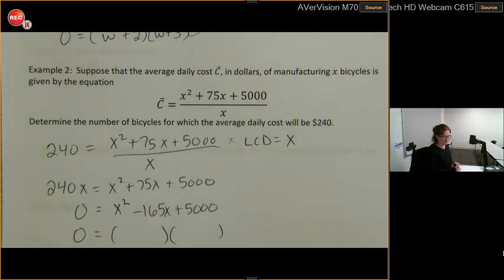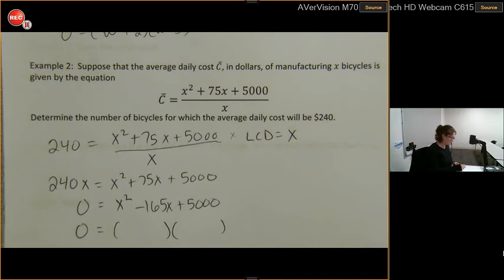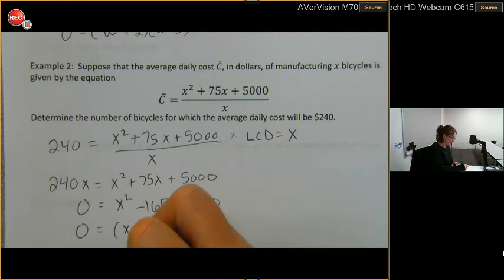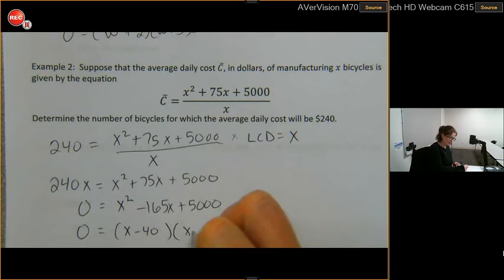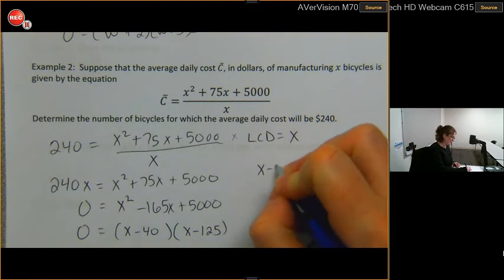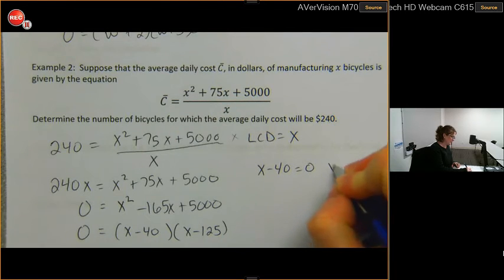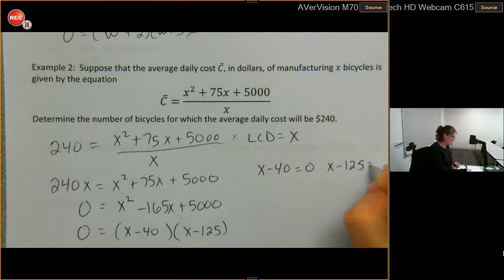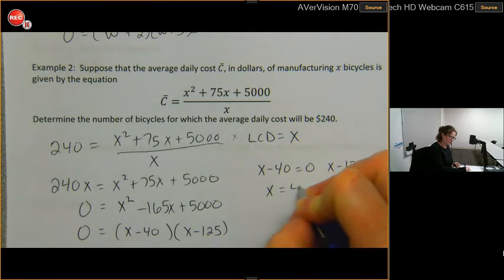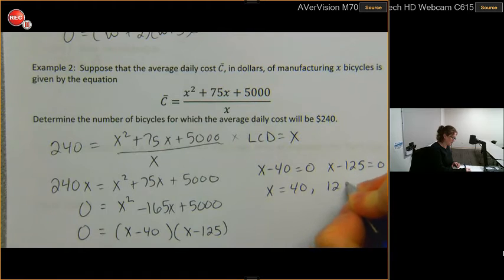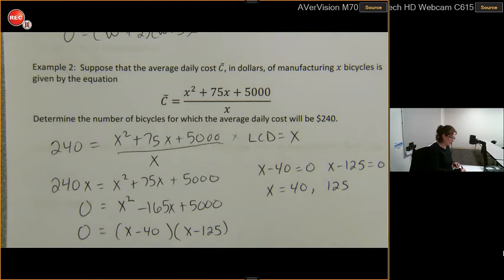I already have the answers written down, so I know what they are. But it's negative 40 and negative 125. It would take some work on a calculator to do this yourself. Then we solve each part, and we get 40 and 125. So we have 2 answers.